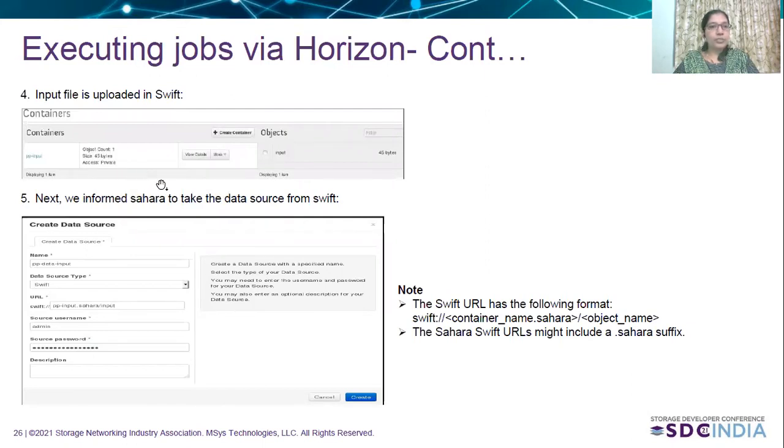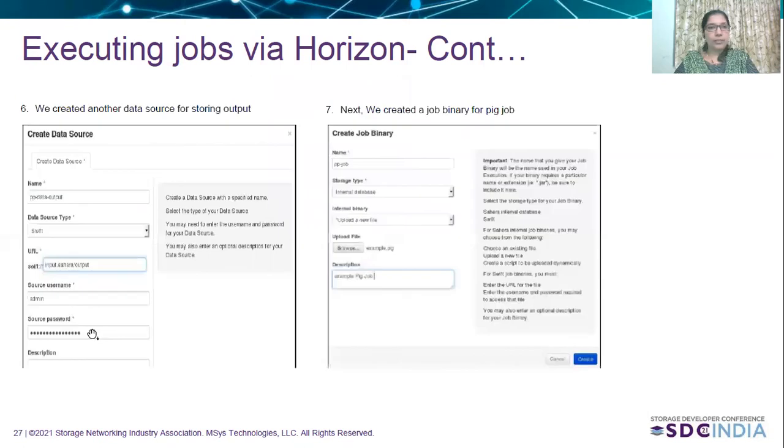And we move to the Sahara tab, and from there we can create a data source and provide the Swift URL, along with the credentials of Swift as well. We need to create another data source for storing the output.